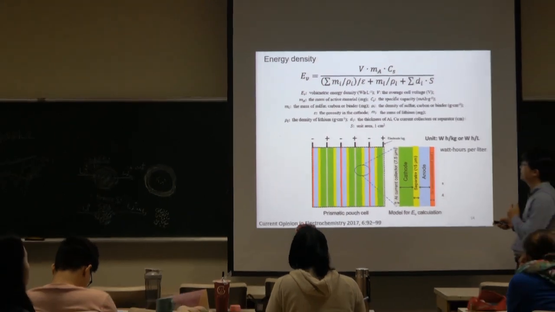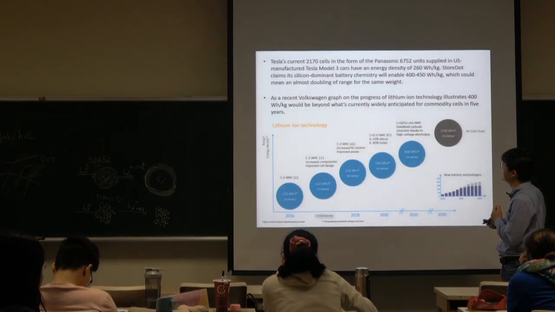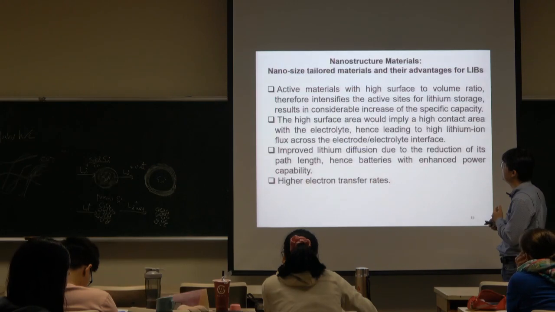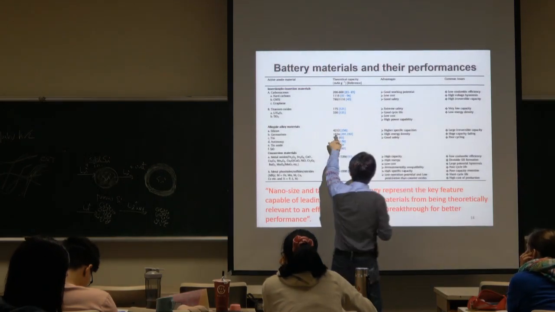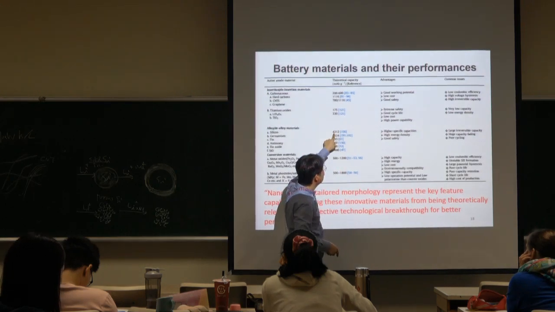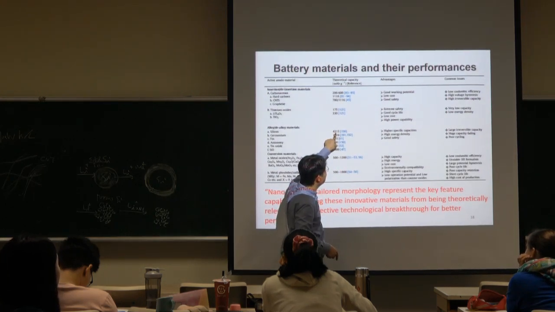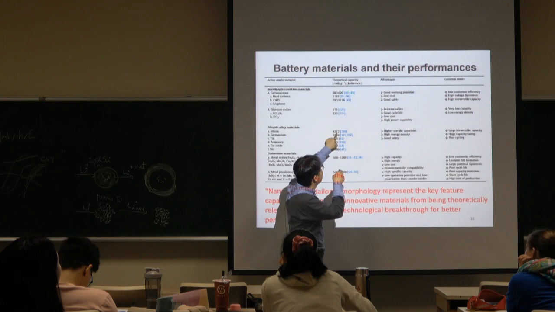Usually you have a table, for example with silicon, which has a capacity of 4,212 milliamp hours per gram.